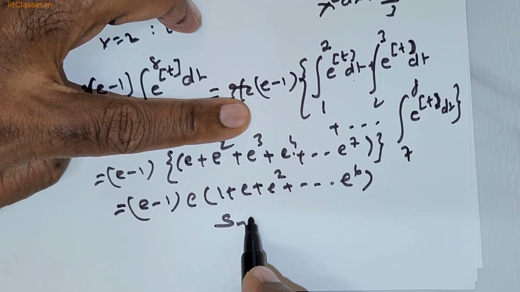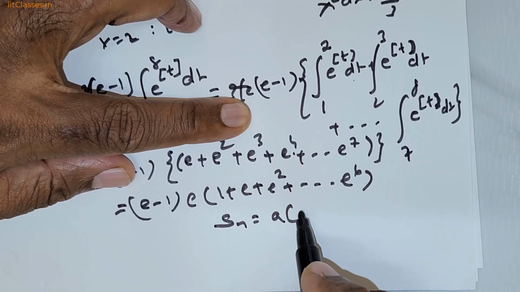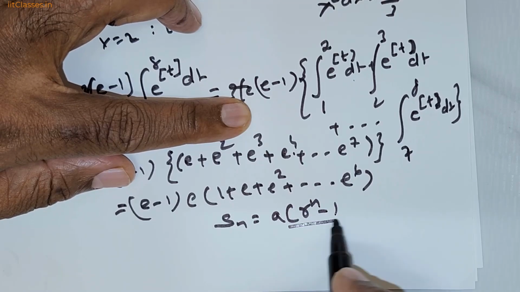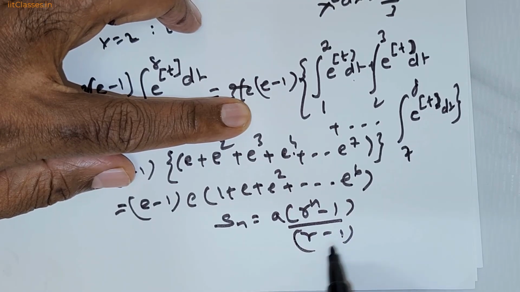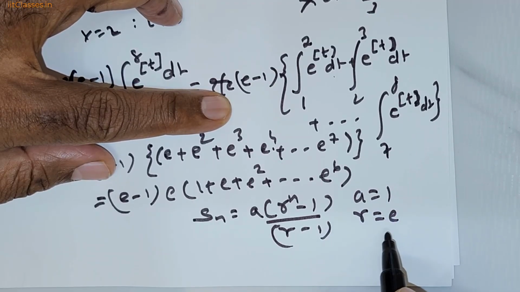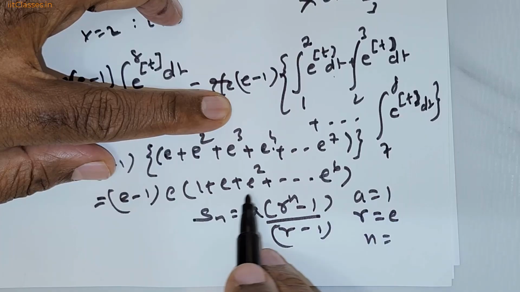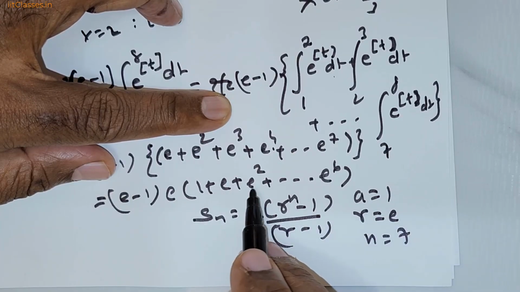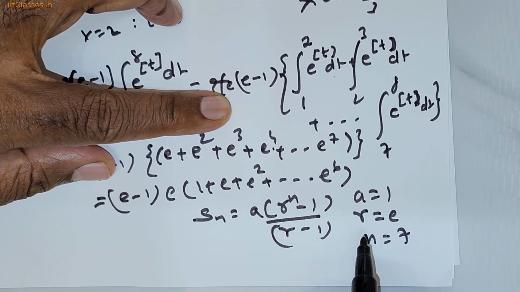Now I'm going to utilize the summation formula, which is a times (r raised to the power of n minus 1) divided by (r minus 1), with a being equal to 1 and r being equal to e and n being the total number of terms being equal to 7, right?